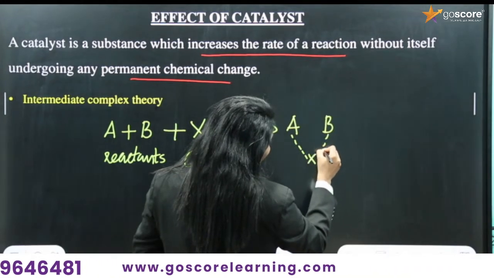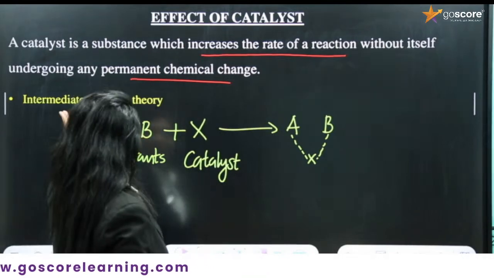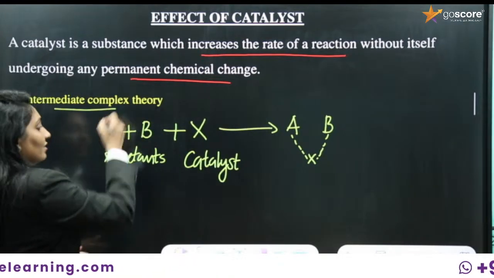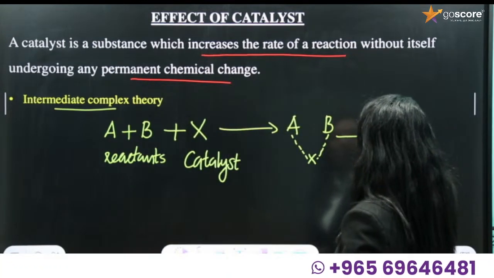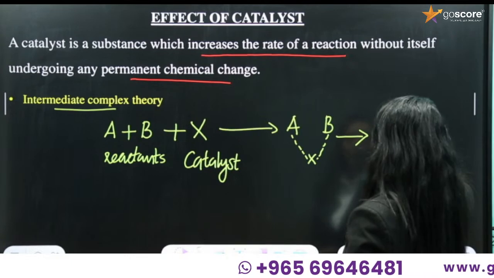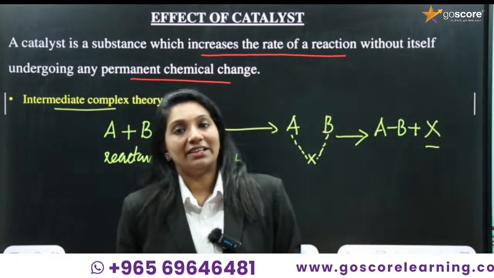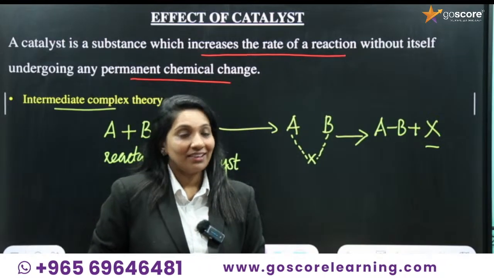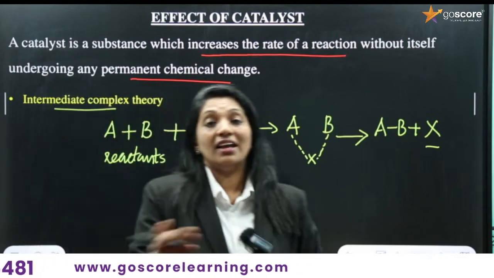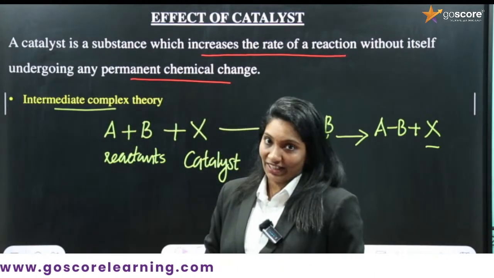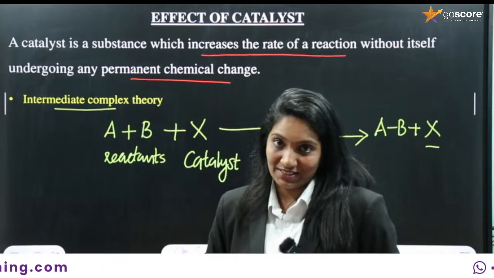This intermediate complex is unstable and breaks down to give the product, and the catalyst is regained. That's what I told you: the catalyst increases the rate of reaction without itself undergoing any permanent change.